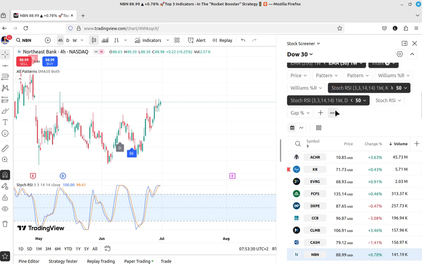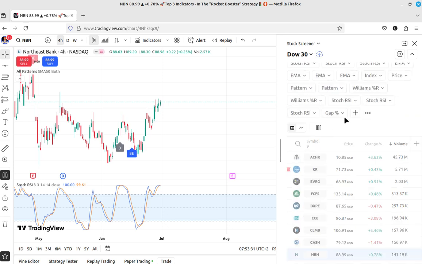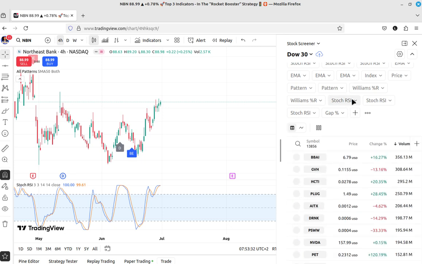Let's see if I can try the breakout and how I will trade it.